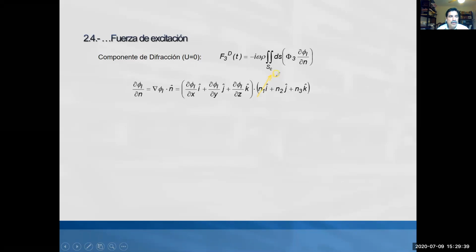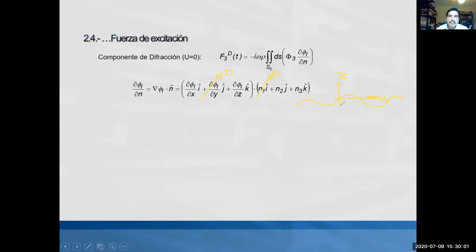Why? Because this is a 2D problem. And d phi dy is 0. Why? Because the wave is a 2D problem. Remember that we have the waves in this direction. So we have something like this. This is x, this is z.